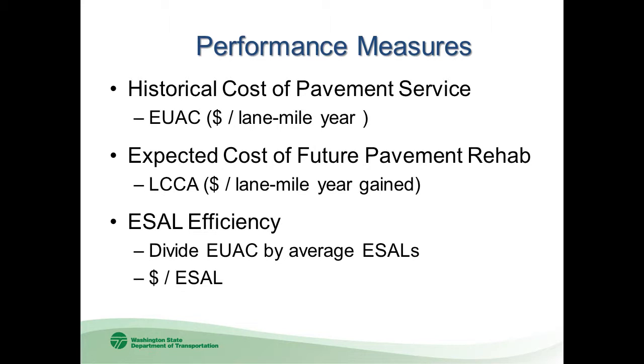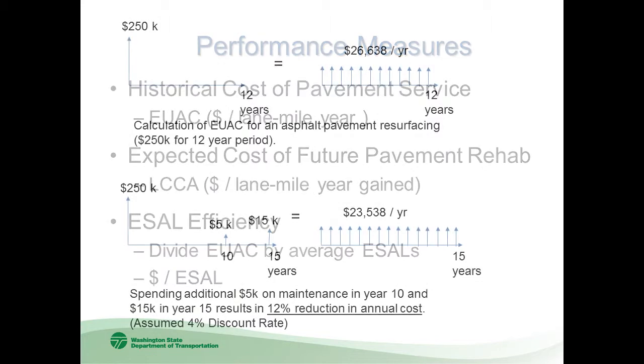We have typical life cycle cost analysis looking into the future when we're comparing alternatives and what types of pavement treatments we want to evaluate. And then we can also look at ESAL efficiency, because if we take that annual cost and divide it by the ESALs that we're carrying, we can see how effective different pavement structures are at carrying ESALs.